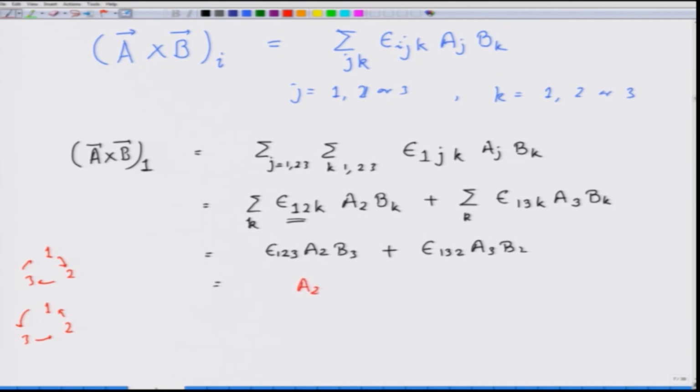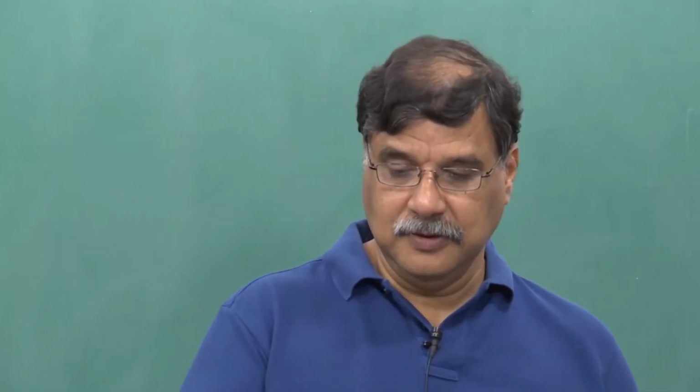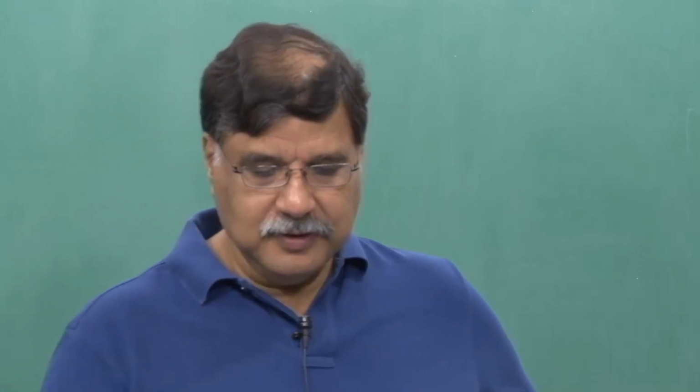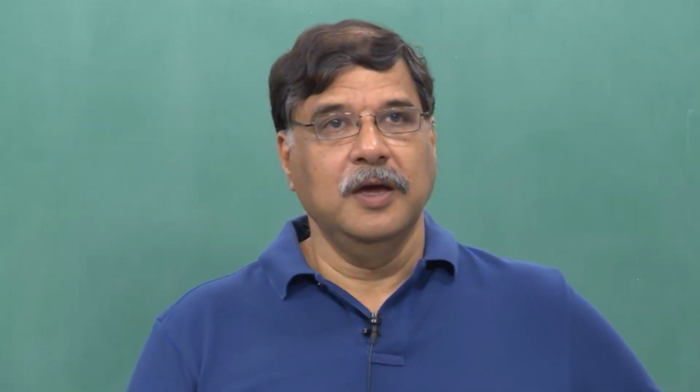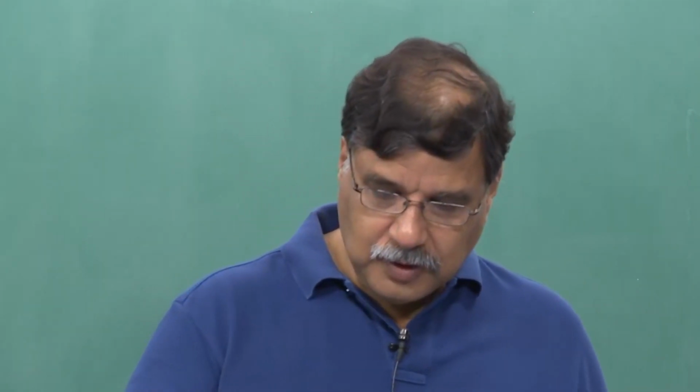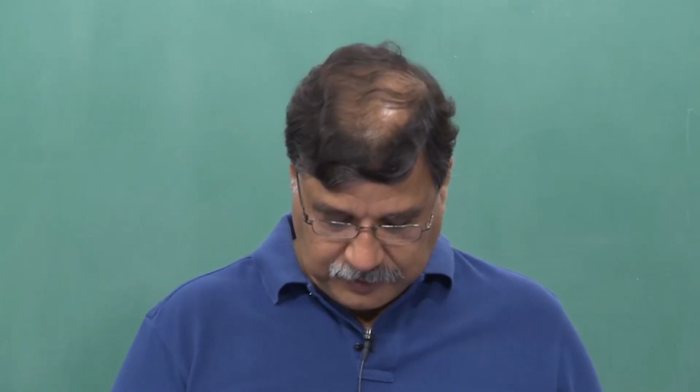So, it becomes a 2 b 3. 1 3 2 is the other way, so that is going to be minus a 3 b 2, which is nothing but a y b z minus a z b y, which is the correct answer. So, you can see by using the symbol, I can very easily express all components in one simple formula like this. And then we are going to use the properties of these to prove various relationships.